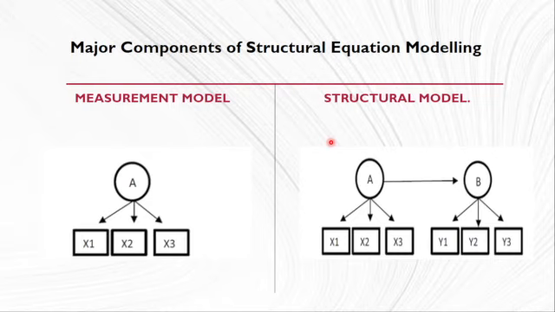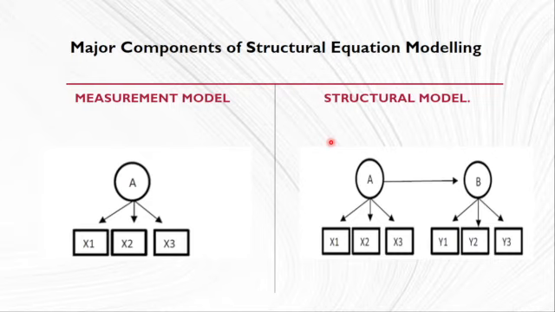Path analysis is a special case of SEM and has a more restrictive set of assumptions. The main difference is that path analysis assumes all variables are measured without error. While doing path analysis, we cannot find the relationships along with the measurement error.